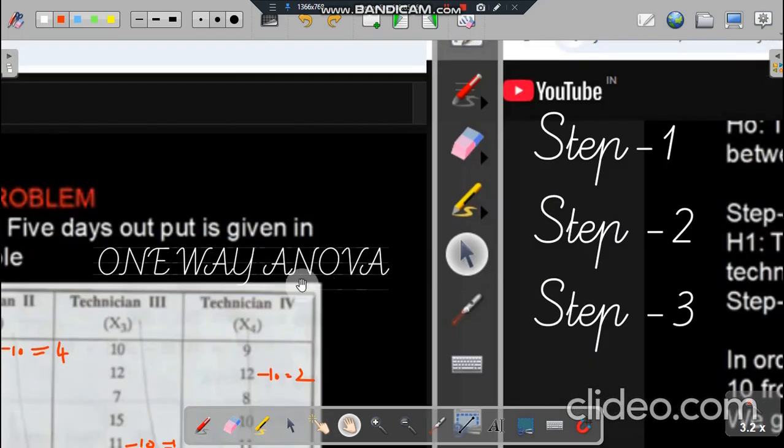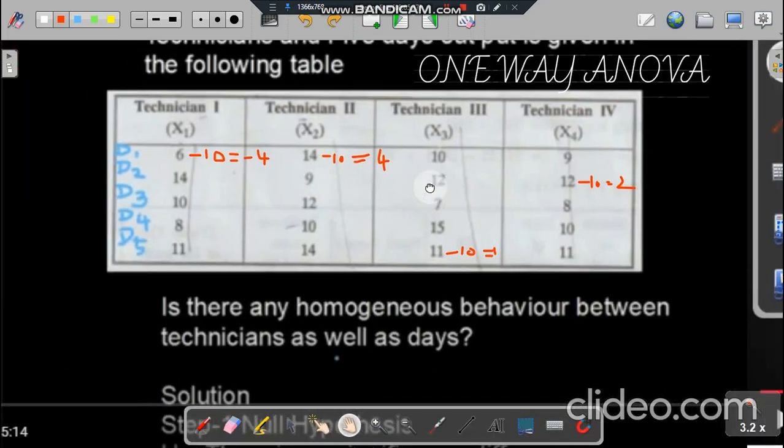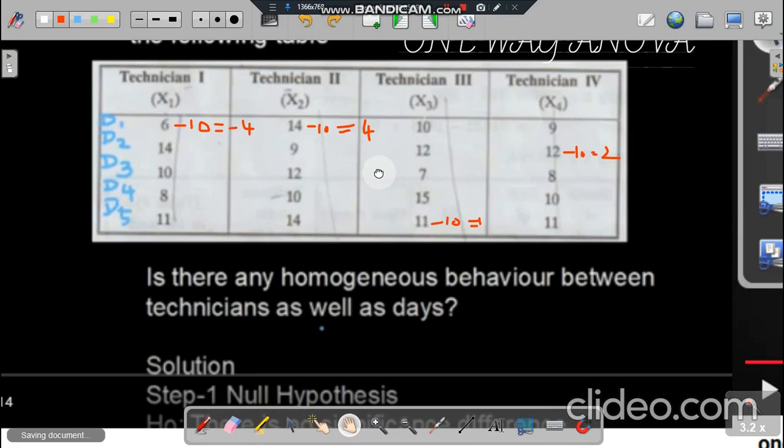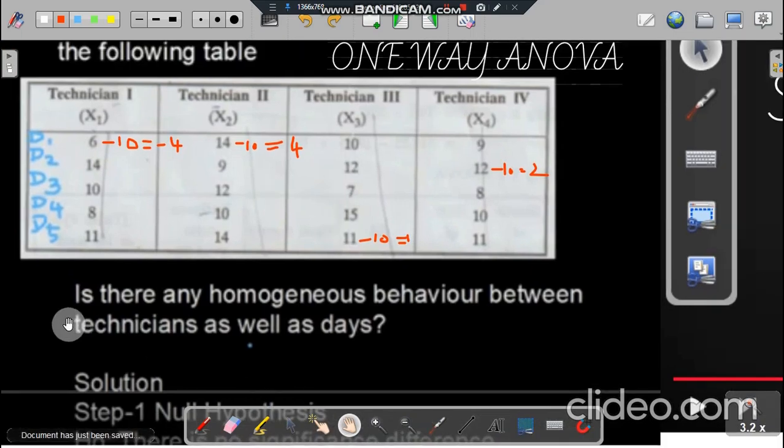Therefore, what is the answer to our problem here? Our answer to this problem is, is there any homogeneous behavior between technicians?